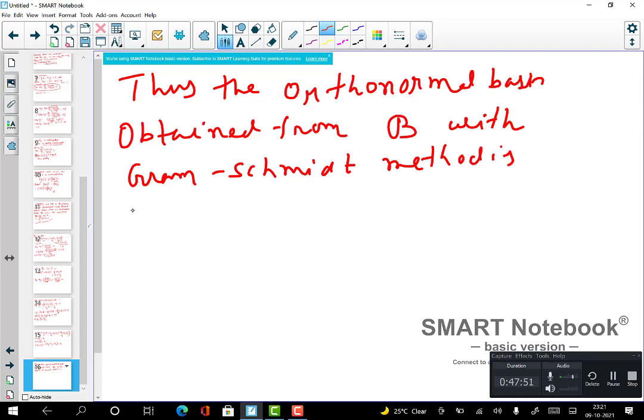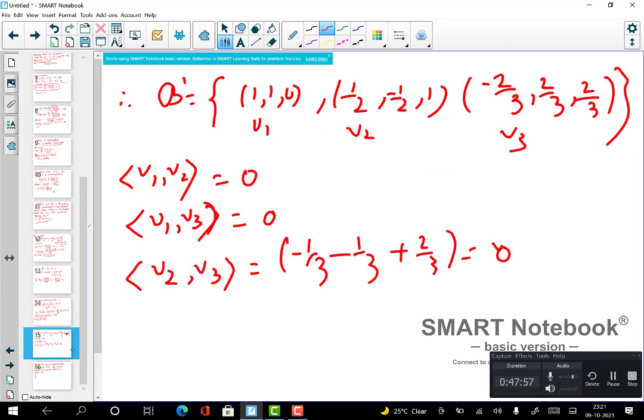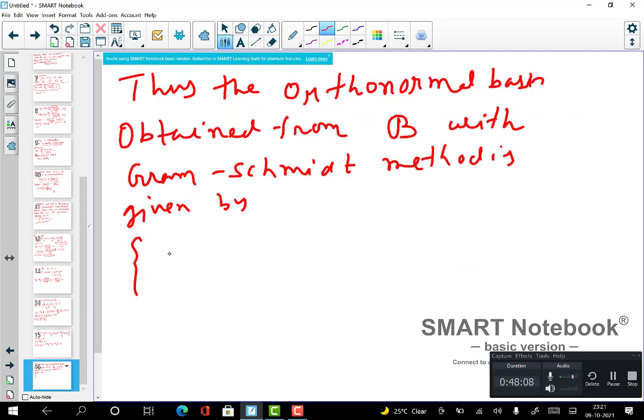it is given by, so what was the original one? So this divided by the norm. So what is the norm of this? It equals root 2, right? Because 2 is the norm squared. So the norm of this is root 2. So this will be 1 by root 2 into 1, 1, 0, and hence this norm will be 1 now.